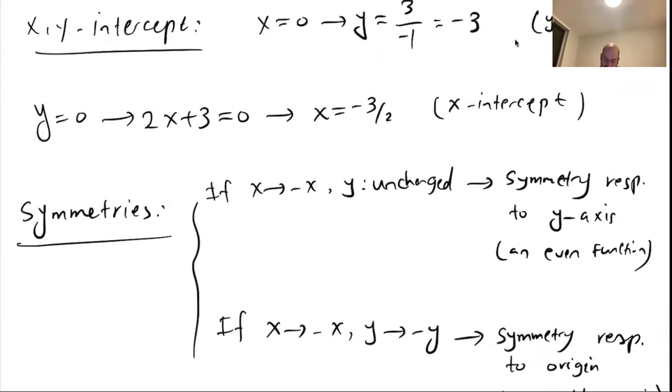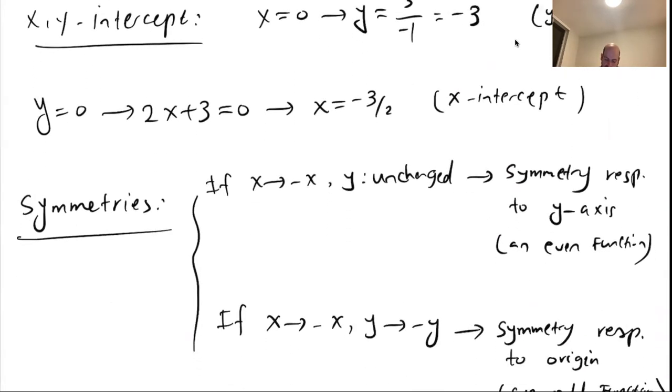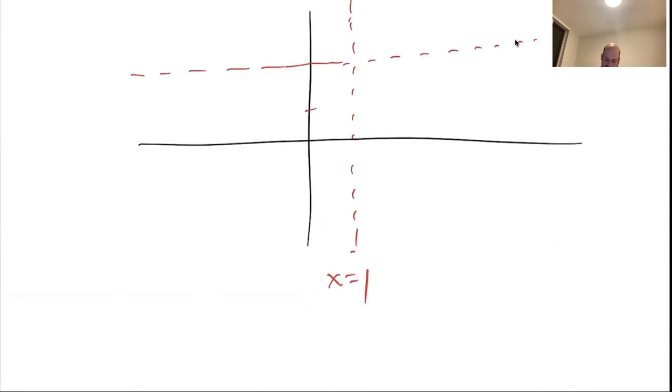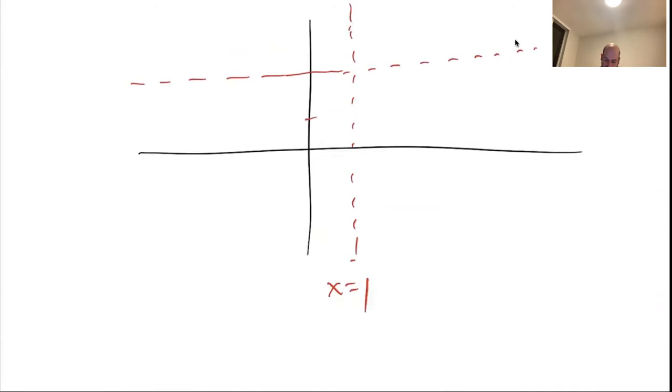Minus 3/2 is the x-intercept, minus 3 is the y-intercept. So 1, 2, 3. So the function starts from 2, it's the horizontal asymptote, and minus 3/2 is the x-intercept. Starts from 2.